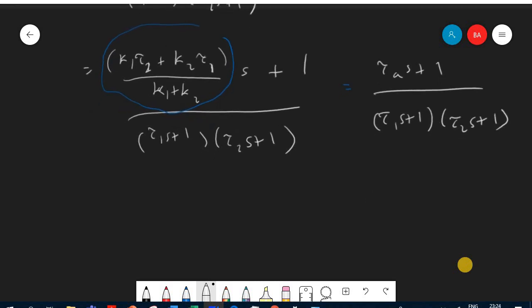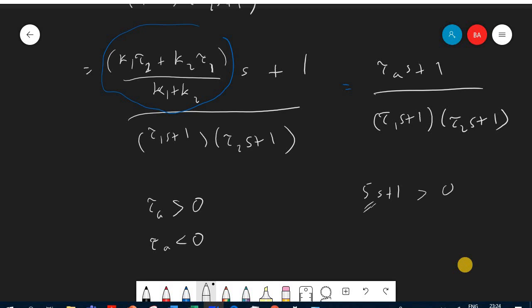And in this case, we are going to talk about some cases: if tau a is greater than 0, what will be happening? And if tau a is less than 0, what are we suggesting? If tau a is greater than 0, we are going to have an overshoot. If tau a is greater than 0, it means that I'm having something like 5s plus 1. This is like I took a number just for tau a.